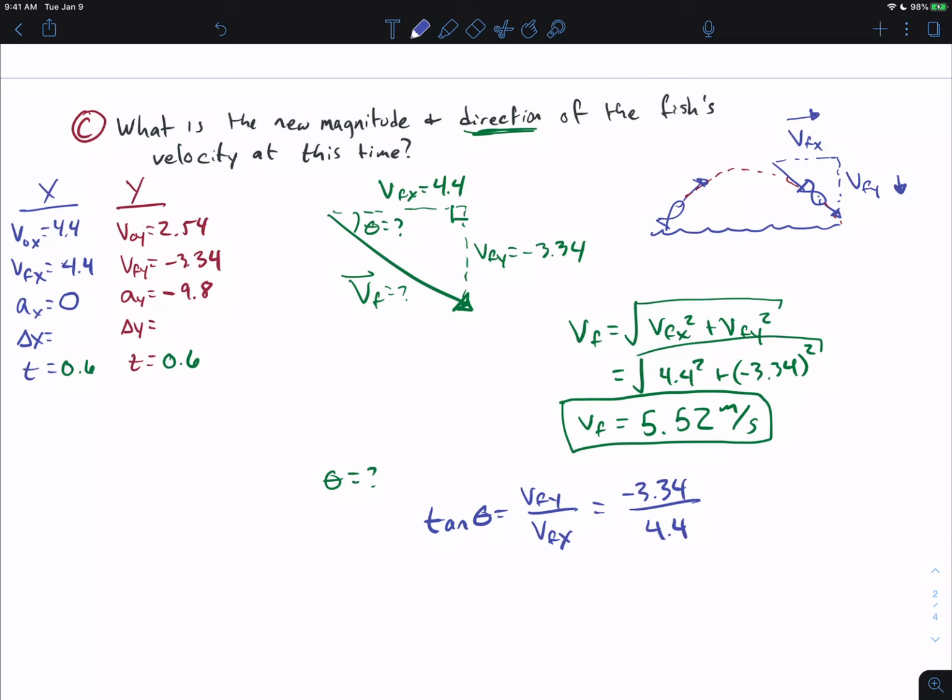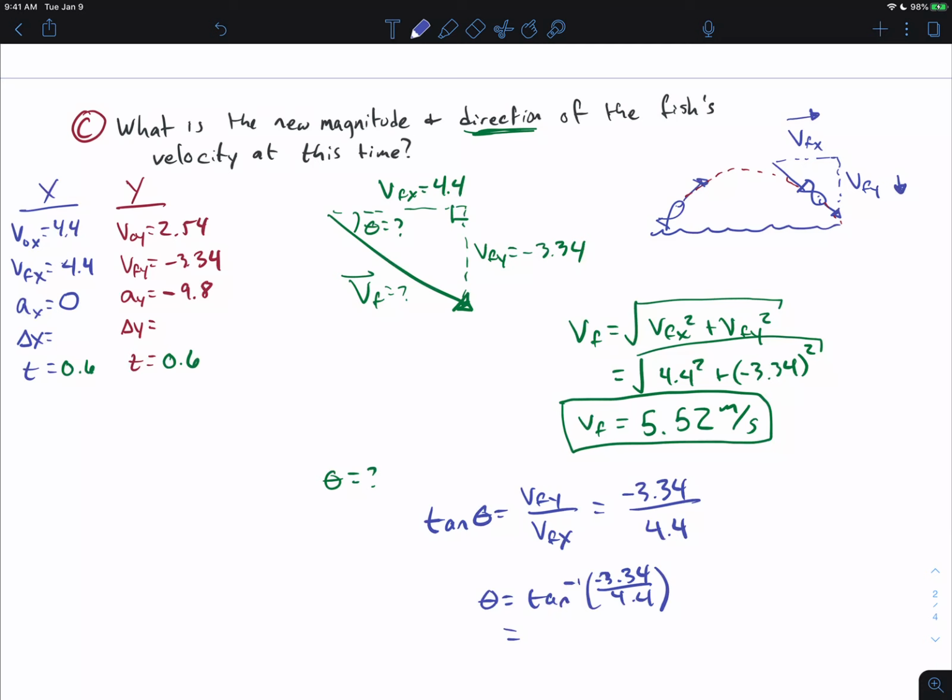And remember, we have to do tangent inverse of both sides, so this ends up looking like this. Tangent inverse of 3.34, sorry, it's a little messy right there, over 4.4. Just like we did in the previous example, so this should look very familiar to you.